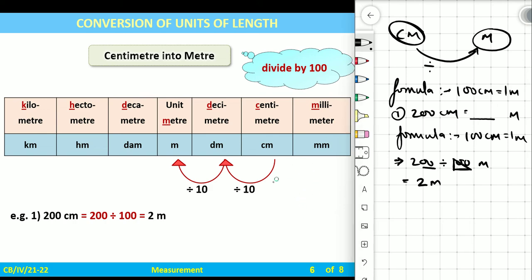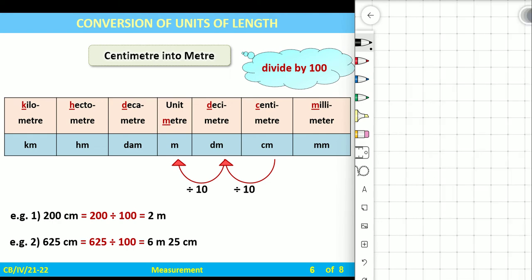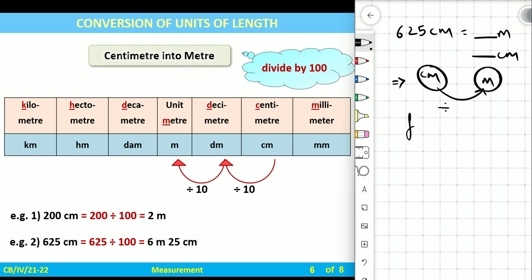Now going towards our next point, 625 centimeter. Clearing my canvas. 625 centimeter, and we have to convert it into meter and centimeter. For this, we must divide, and the formula says 100 centimeter is equal to 1 meter, so we divide by 100.